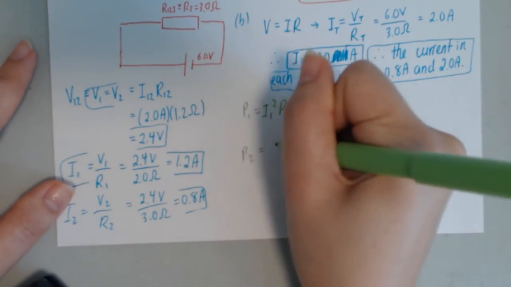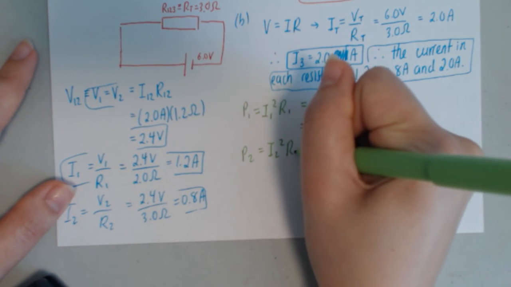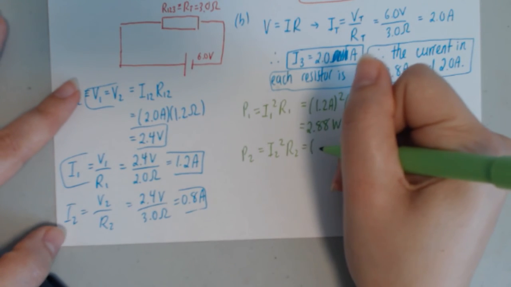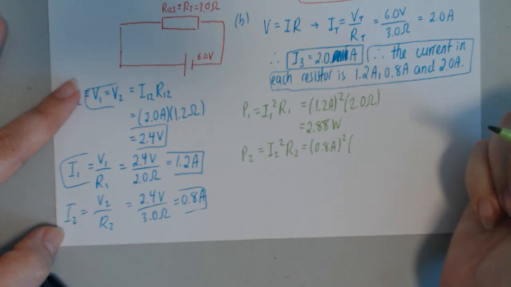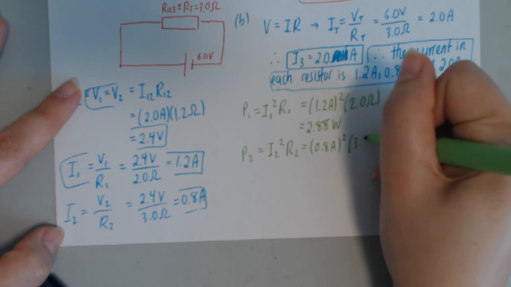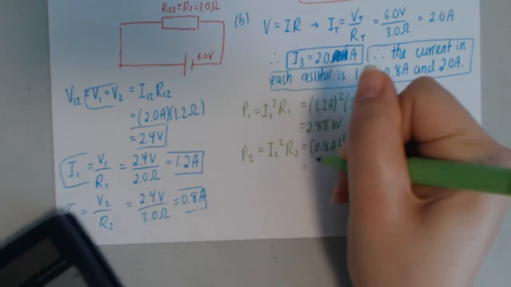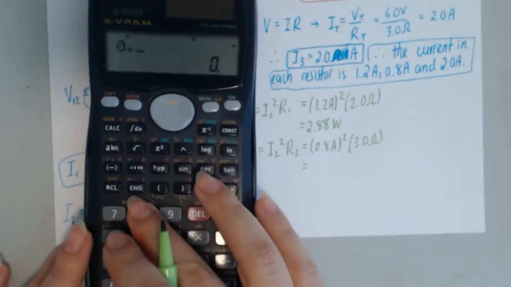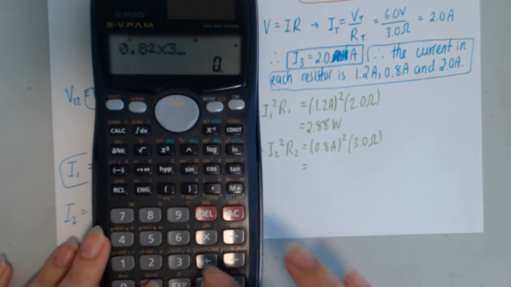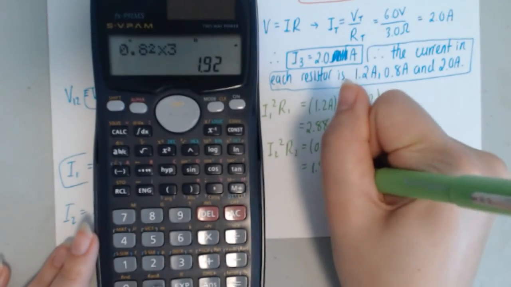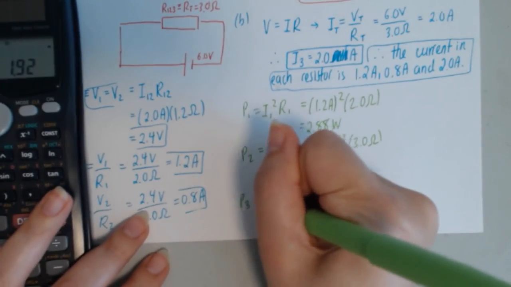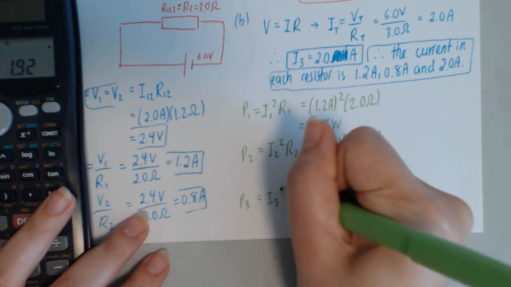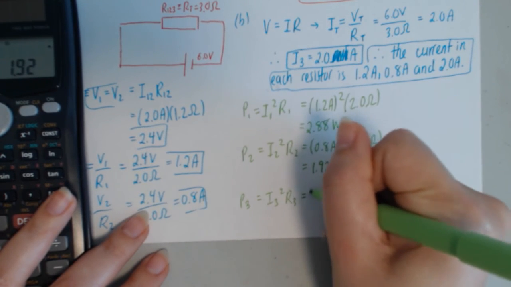Now P2 is equal to I2 squared times R2. I2 is 0.8 amperes squared. R2 is 3 ohms. So 0.8 squared times 3, 1.92 watts.